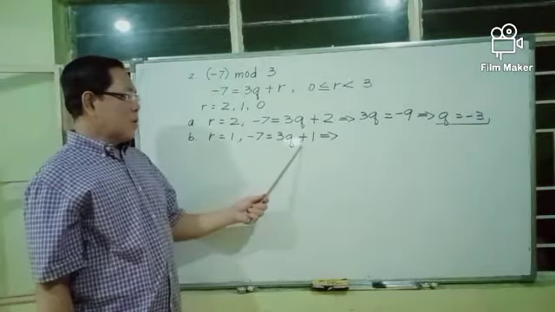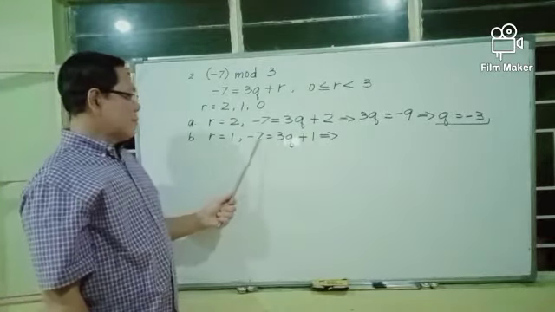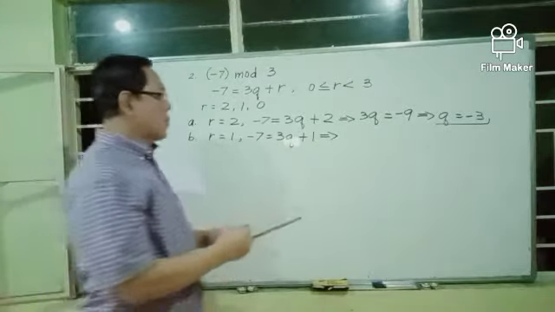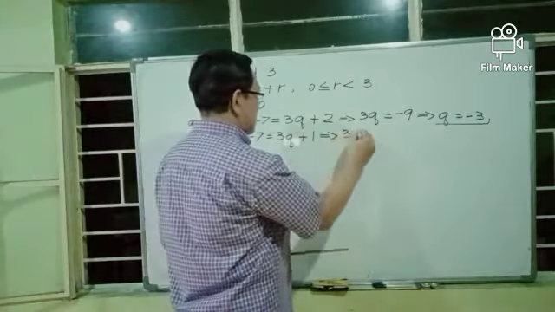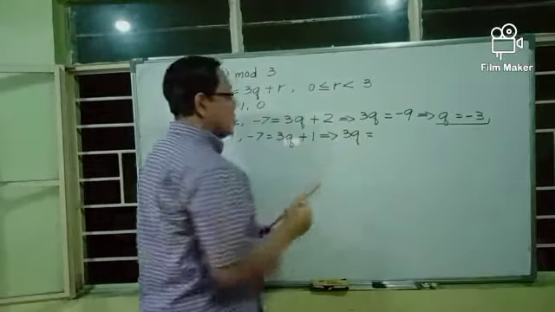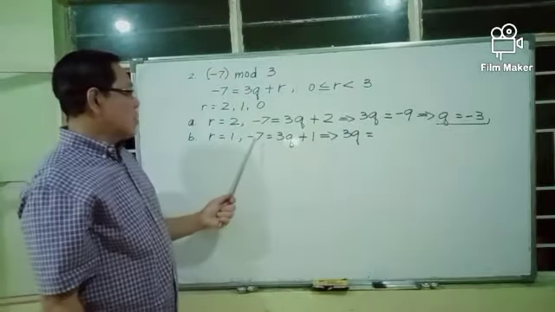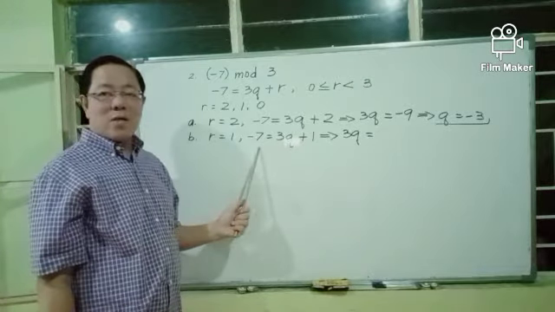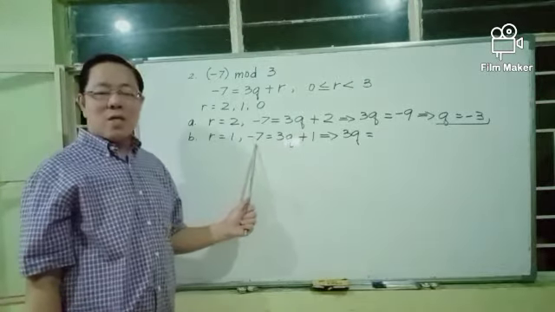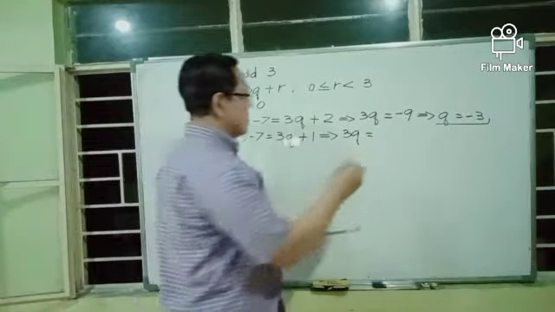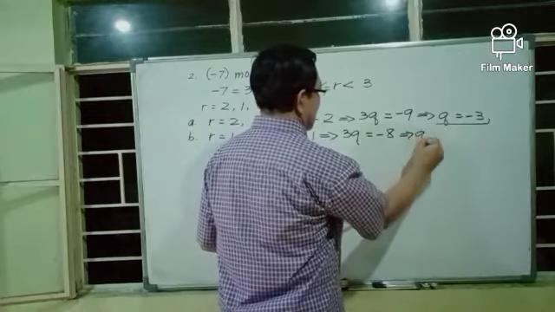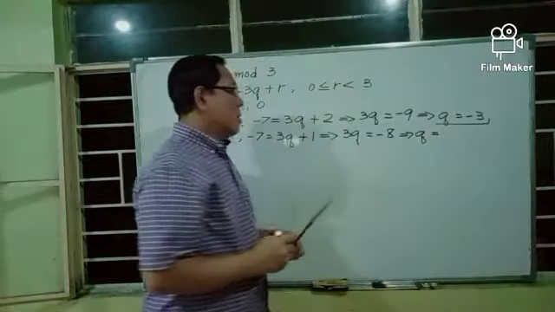We transpose 1 to the left-hand side, so 3q is equal to negative 7 minus 1, which equals negative 8.